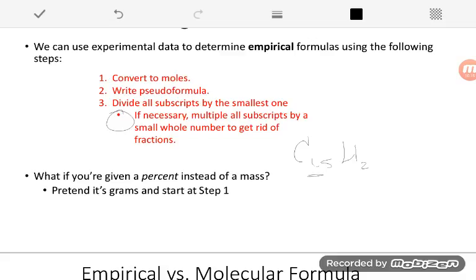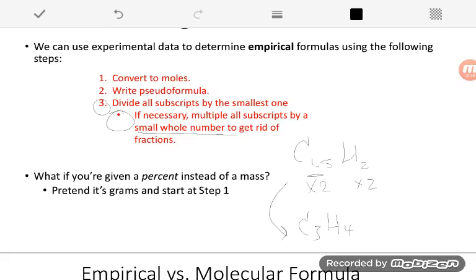So what we would do is multiply everything by a small whole number to get rid of any fractions. So 1.5 we see, okay, I could multiply that by 2, but I have to multiply all the subscripts by 2. So I would multiply all the subscripts, and this would turn into C3H4. For instance. So if at step 3, after you do the division, you have a 1.5, you're just going to multiply everything by 2.